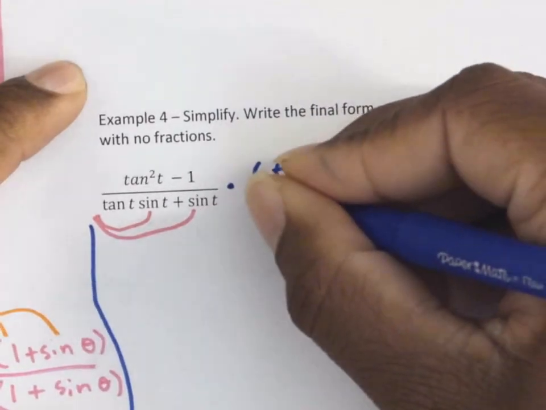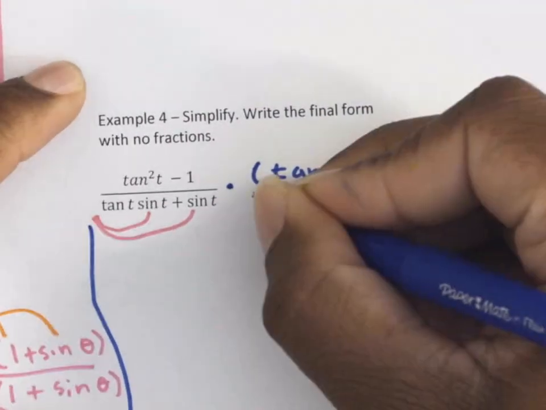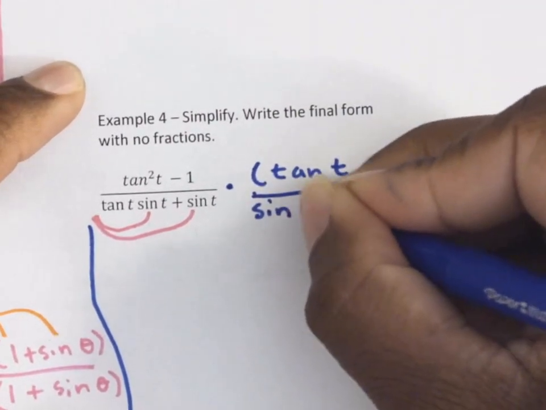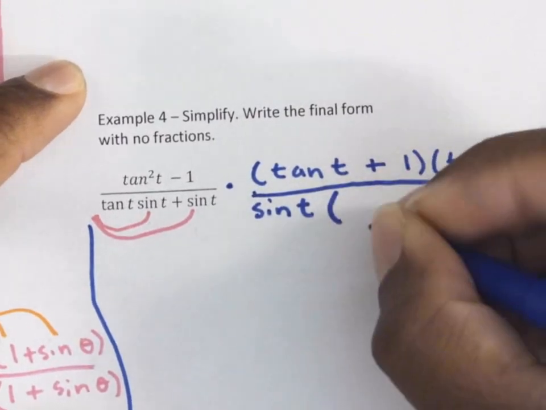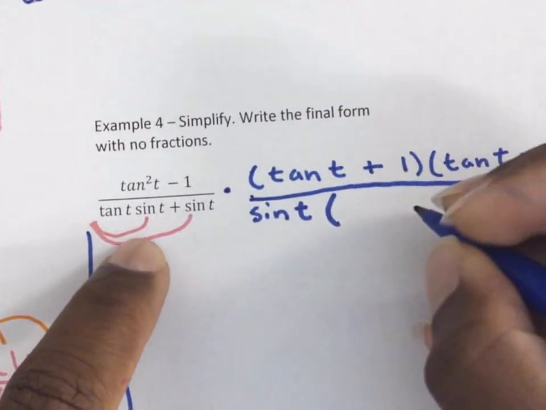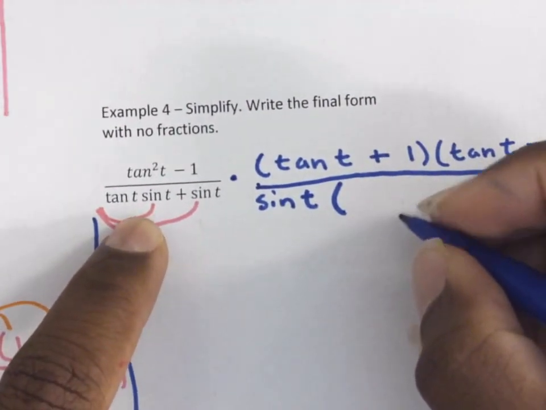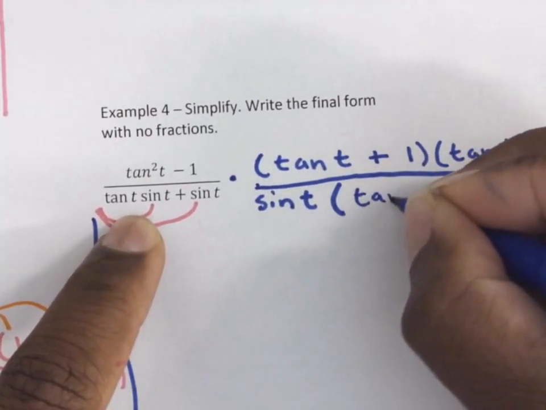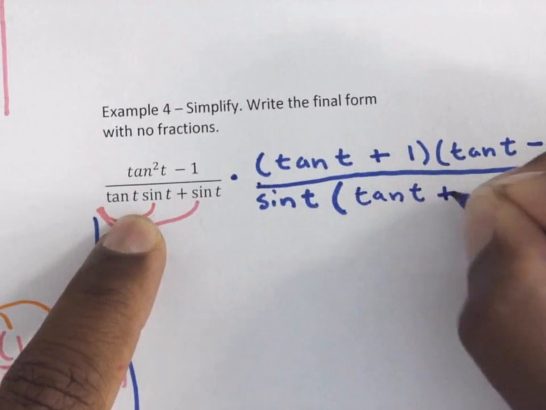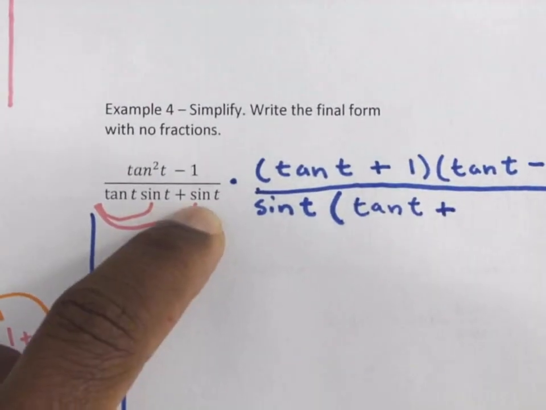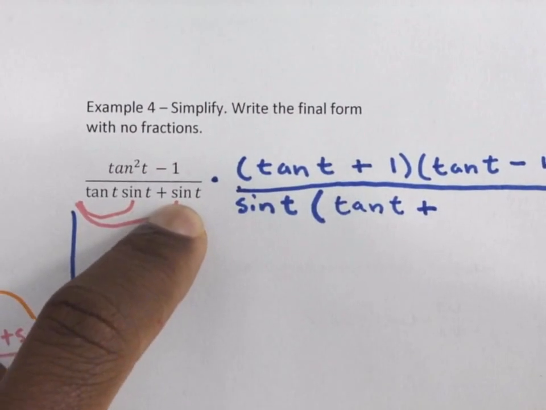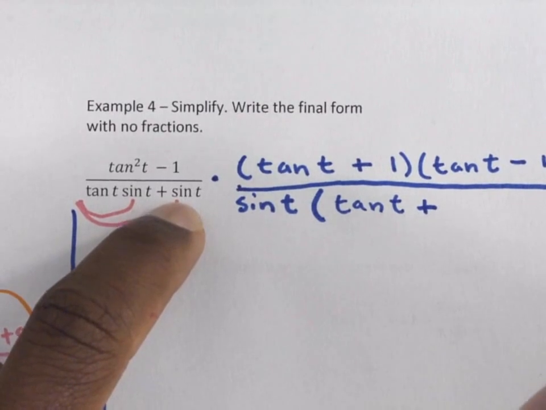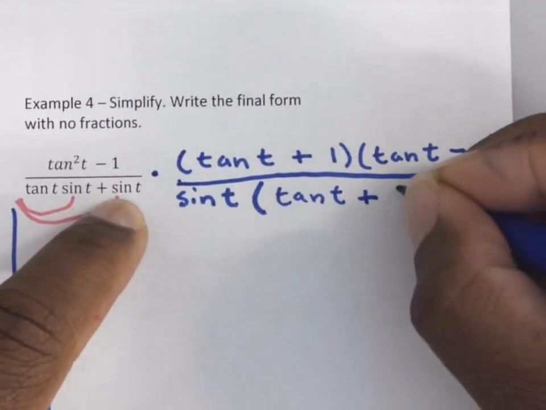So what that'll give me is sine of t, parentheses, what stayed in the first term? The t? Oh, tangent. Tangent plus, what's my placeholder here? 1. Good job.